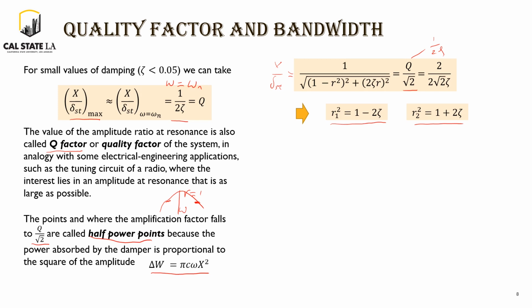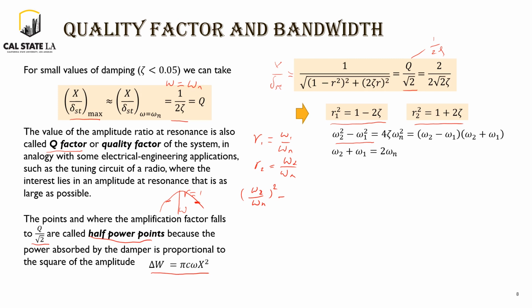If we have r1 and r2 like that, we can replace r1 by omega 1 over omega n, and r2 by omega 2 over omega n, right? We use the second equation minus the first equation, which gives us omega 2 over omega n squared minus omega 1 over omega n squared, equal to 1 plus 2 zeta minus 1 minus 2 zeta.